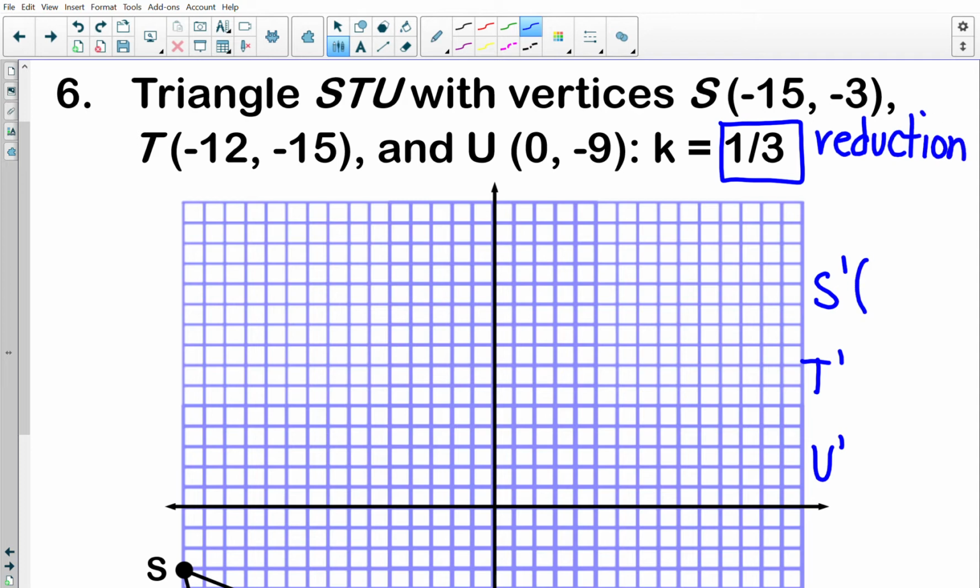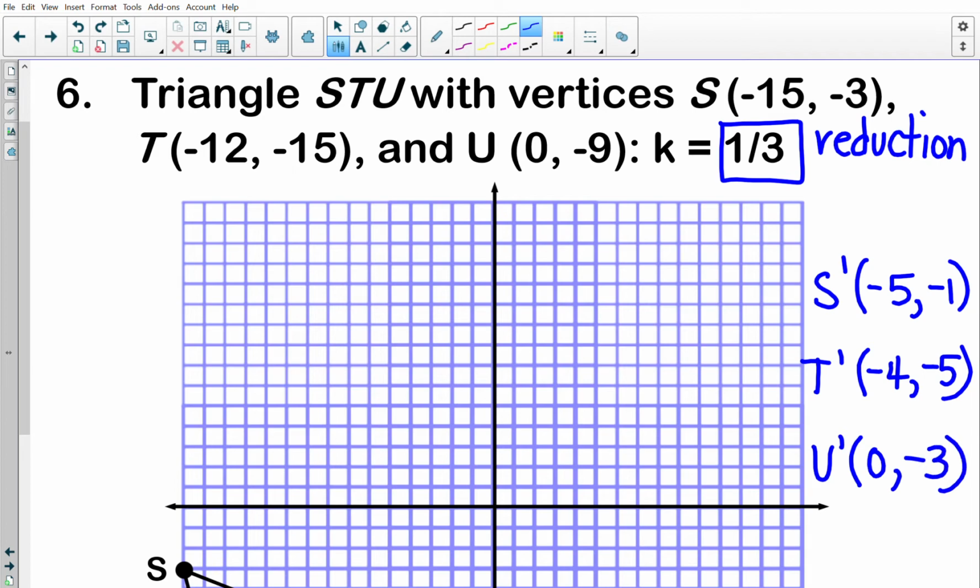And if I multiply -15 by 1/3, I get -5. -3 by 1/3, I get -1. -12 will yield -4. -15 will yield -5. 0 stays the same.